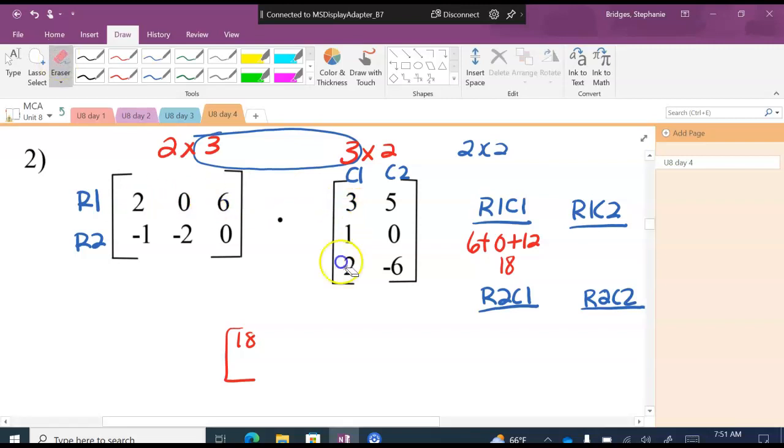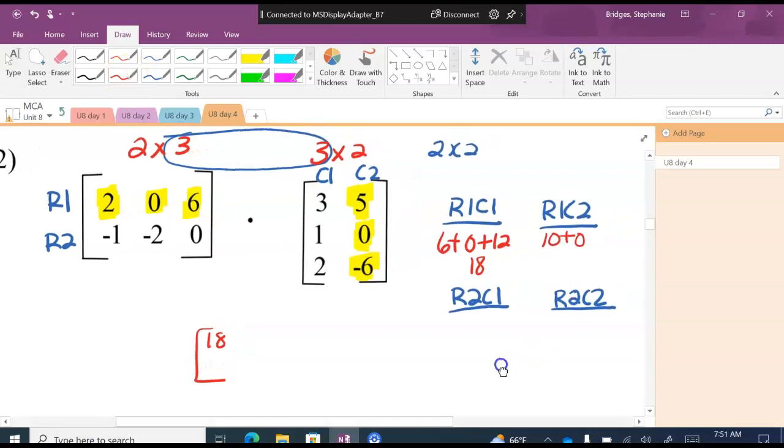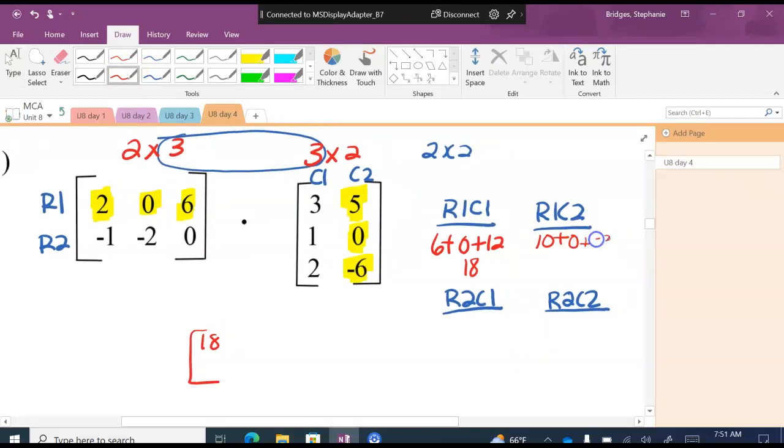And then we're going to do exactly the same thing, but this time we're going to go row 1, column 2. So we take the first element in each and we multiply. 5 times 2 gives me 10. Move across and down. 0 times 0 is 0. We move across and down. 6 times negative 6 is negative 36. And so when I add those together, I get a negative 26 for row 1, column 2.